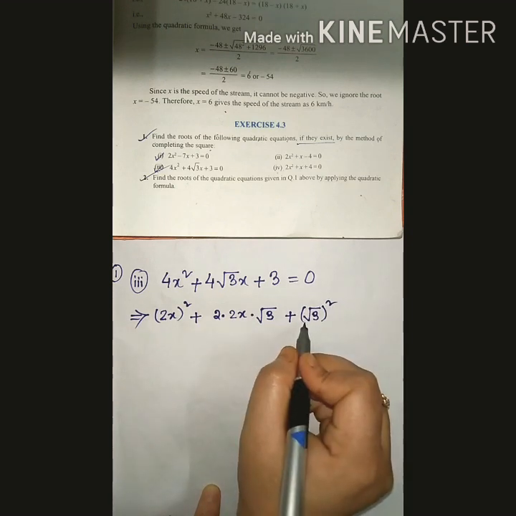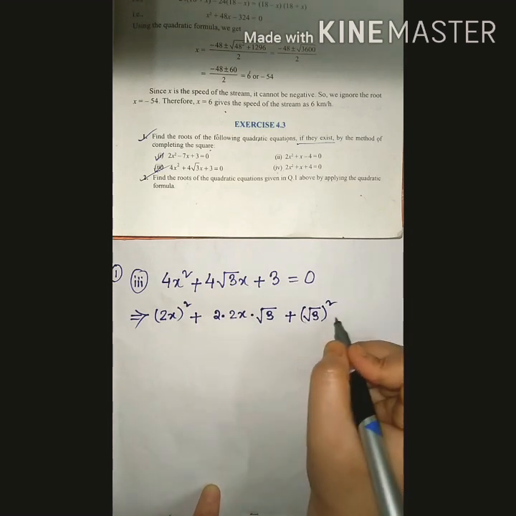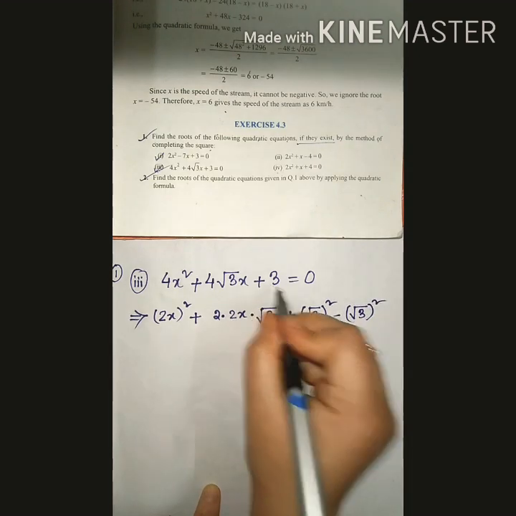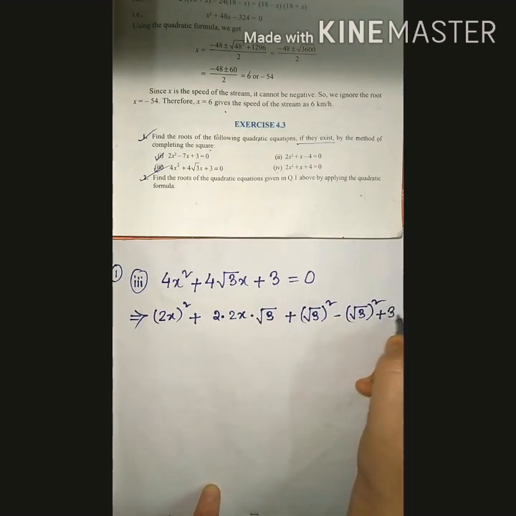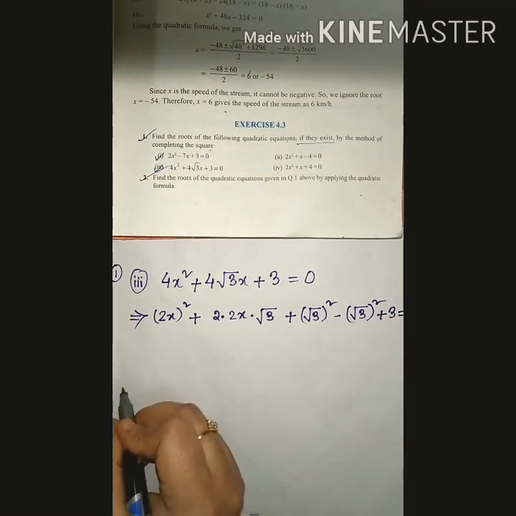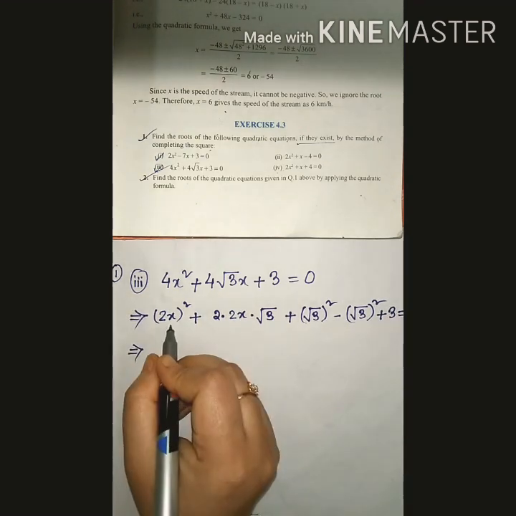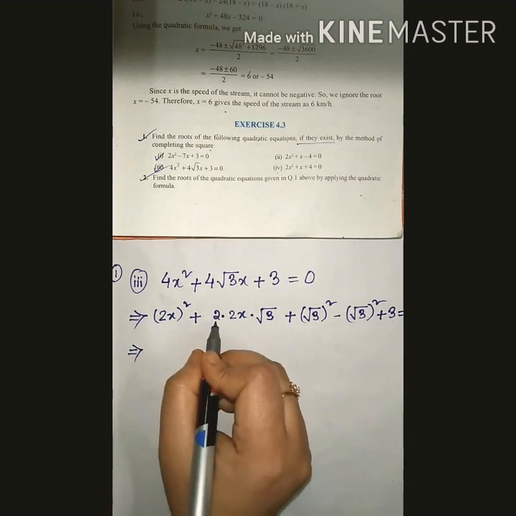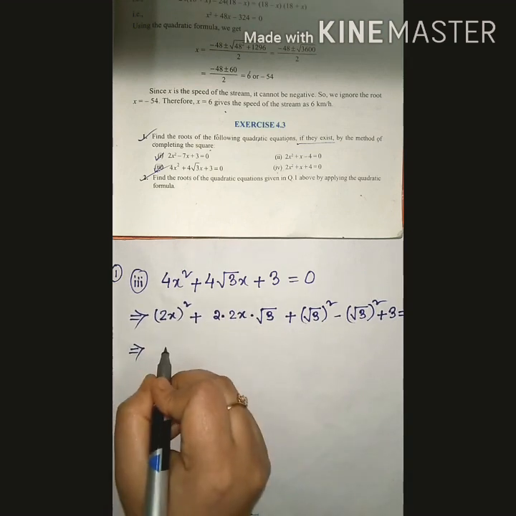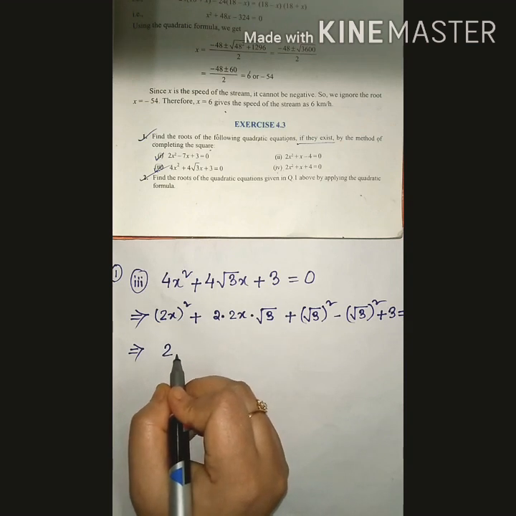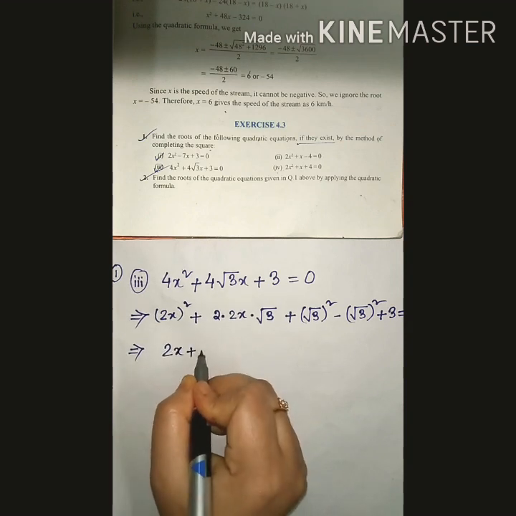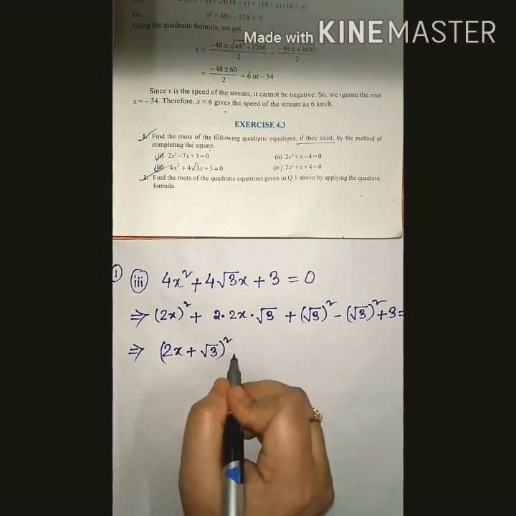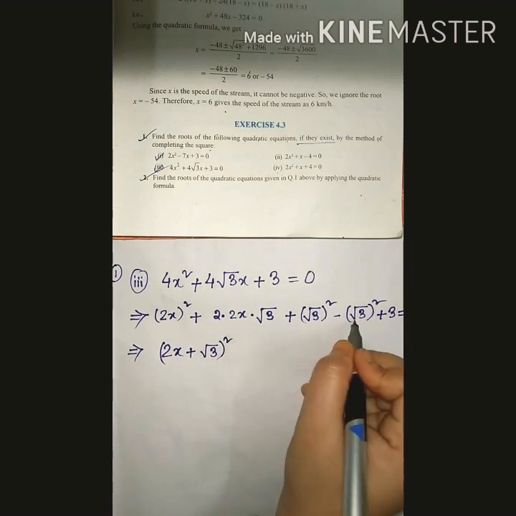See, since we have added this one, so we need to subtract it also. And this one is left out, you write down this one equal to 0. Clear? Now you see, this one is a² + b² + 2ab. That means (a + b)² formula. (2x + √3)², and that side we will get what?